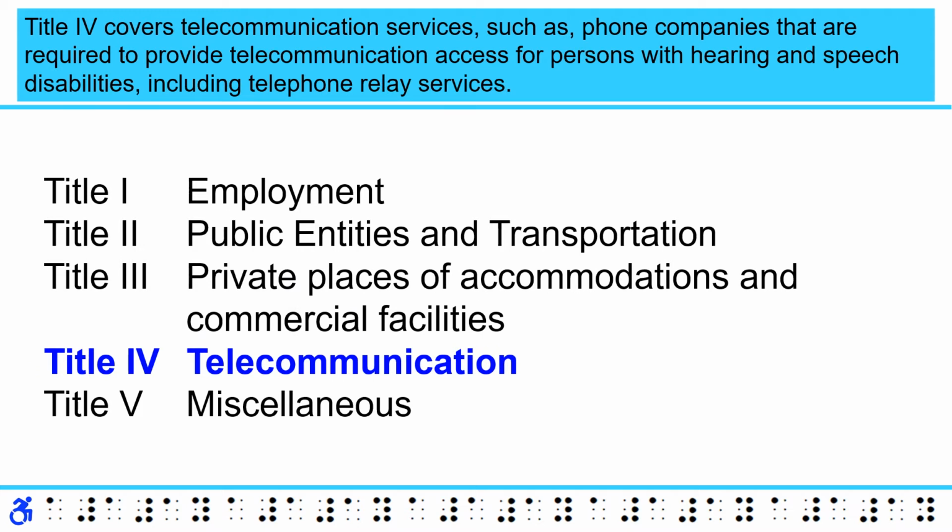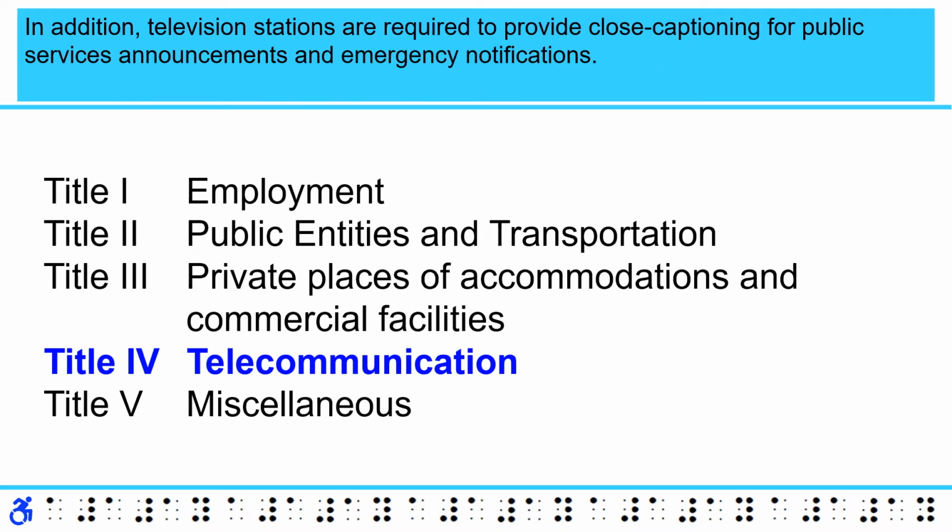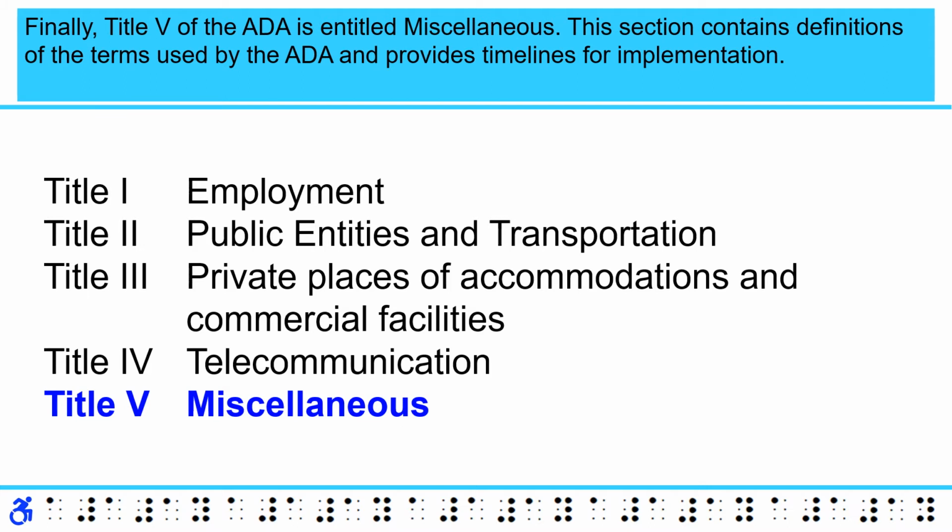Title IV covers telecommunication services, such as phone companies that are required to provide telecommunication access for persons with hearing and speech disabilities, including telephone relay services. In addition, television stations are required to provide closed captioning for public service announcements and emergency notifications. Finally, Title V of the ADA is entitled Miscellaneous.